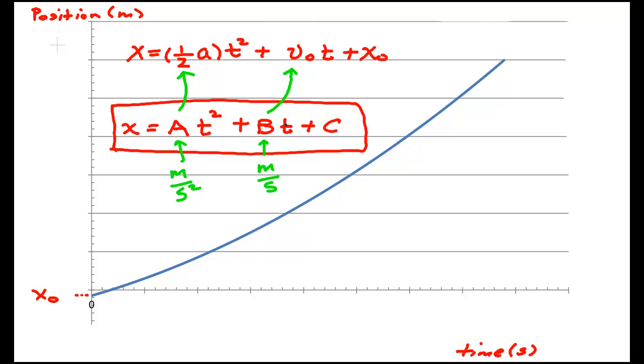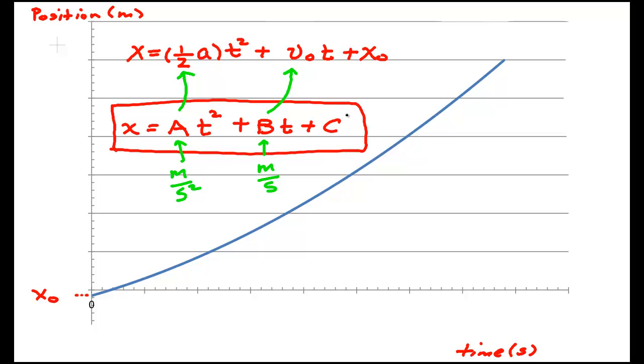Now, if you start fitting something at a later time in Logger Pro, then you're going to have a problem. You need to have t minus t naught, whatever the initial time is. So you'll need to create a new column in order to set your new time. This happens sometimes in the videos when you're holding the object and you don't let it go when the video starts.